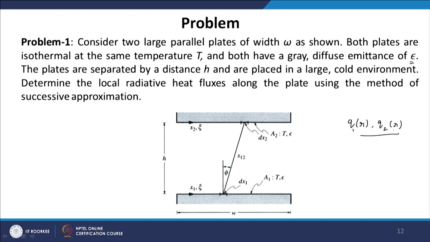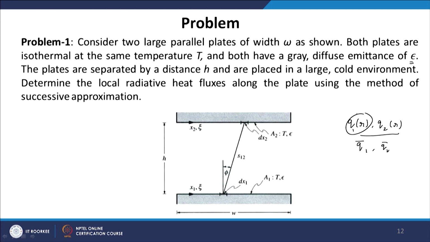As is clear, we are not interested in the average heat flux. The average heat flux we could have found by the methods we have already discussed. But we are interested in the actual value of flux as it varies over the radius r.